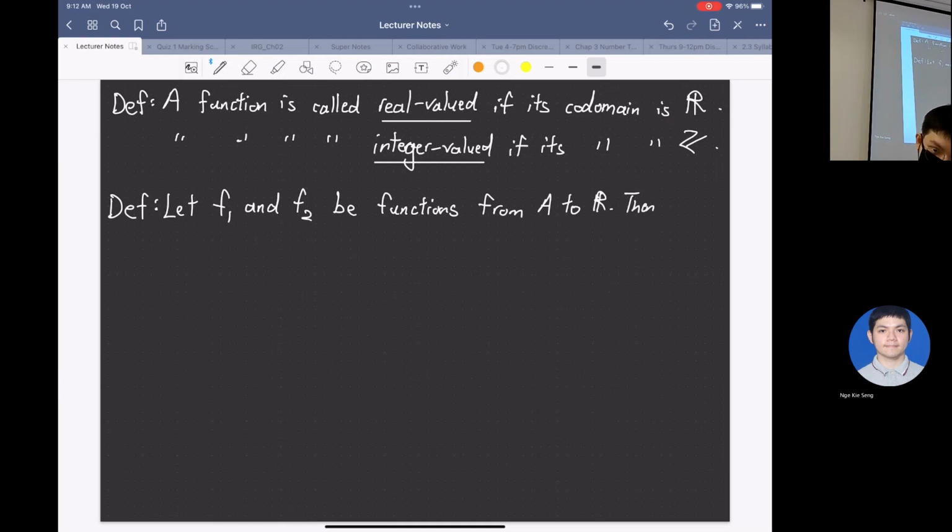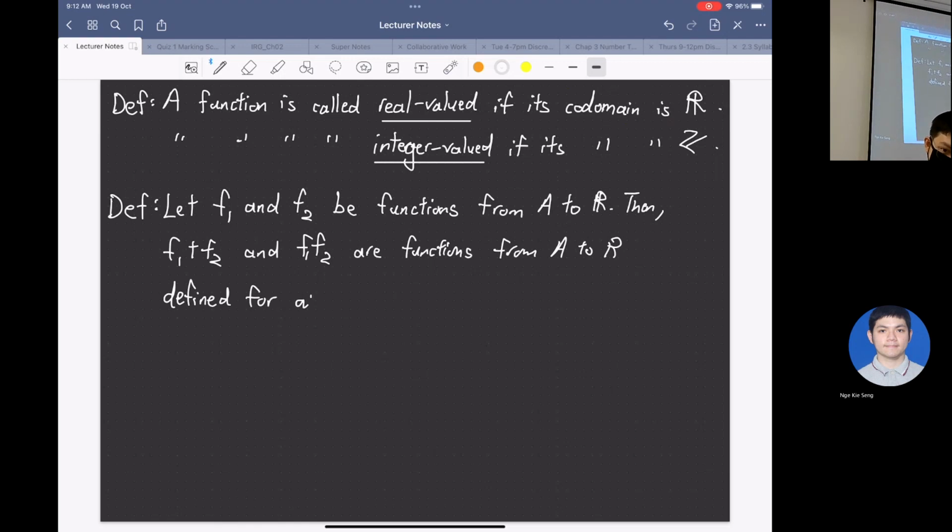We can add functions together, and we can also multiply functions together. These are maps from A to R, so they should be defined for every element in your domain. So how would you define the sum?